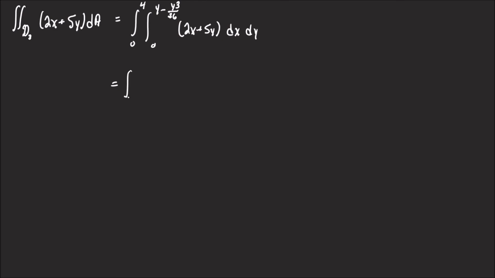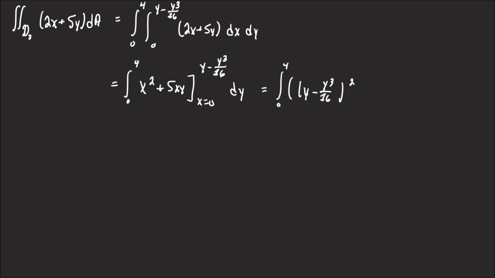This will give the integral from 0 to 4 of x squared plus 5xy from x equals 0 to y minus y cubed over 16, which will give us the integral from 0 to 4 of y minus y cubed over 16 squared plus 5y times y minus y cubed over 16, and that'll evaluate out to 1664 over 35.